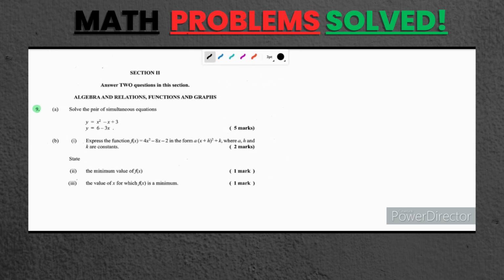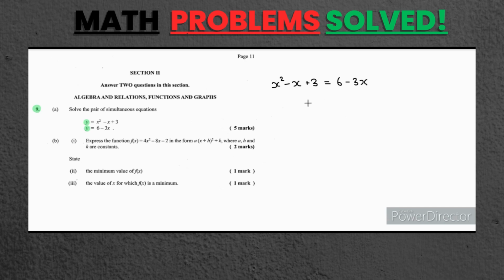We have to get rid of y first, because y and y, the left sides are equal, so the right sides will be equal to each other. So what's the right side of the first equation? X square minus x plus 3. And what's the right side of the second equation? 6 minus 3x, right?